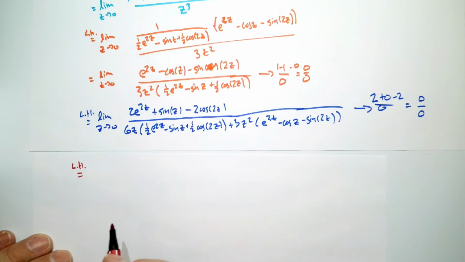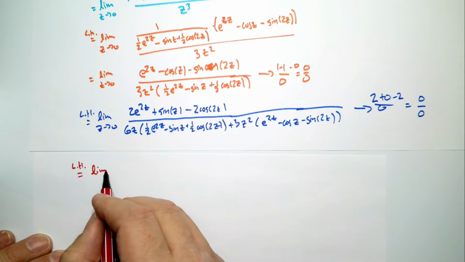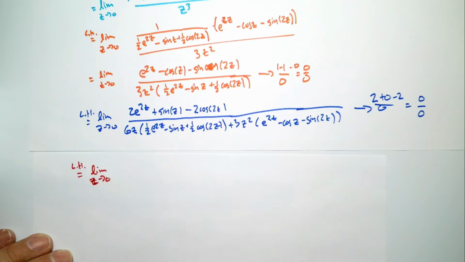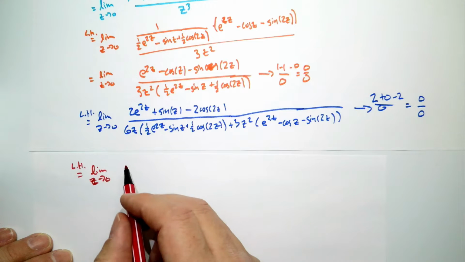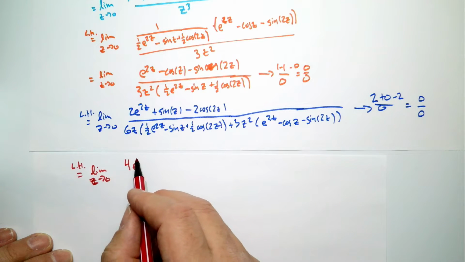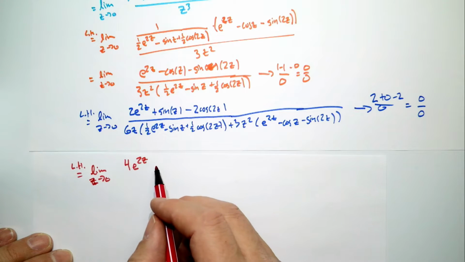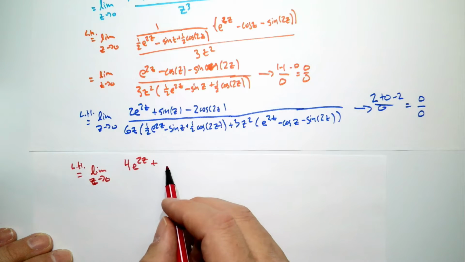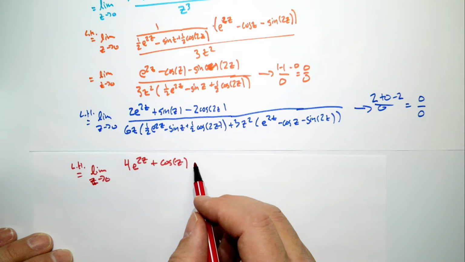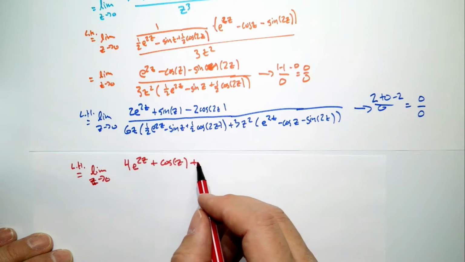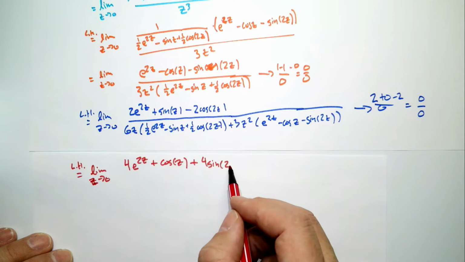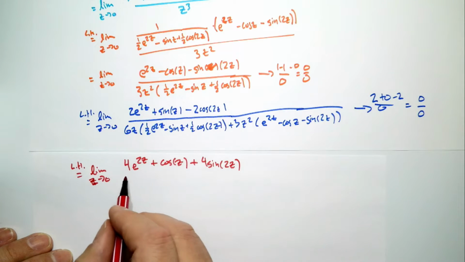All right. So, this equals, keep going here, L'Hôpital, limit as z goes to 0. All right, what's the derivative upstairs? 4e to the 2z plus cosine z. Okay. Then plus 4 sine 2z. All over.